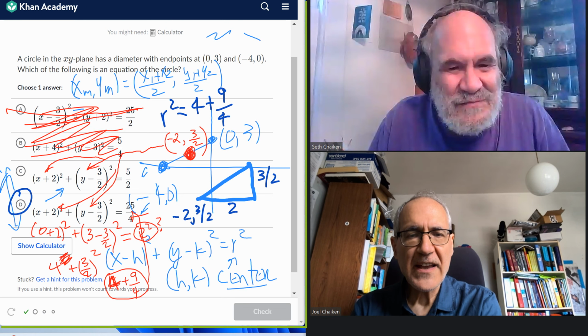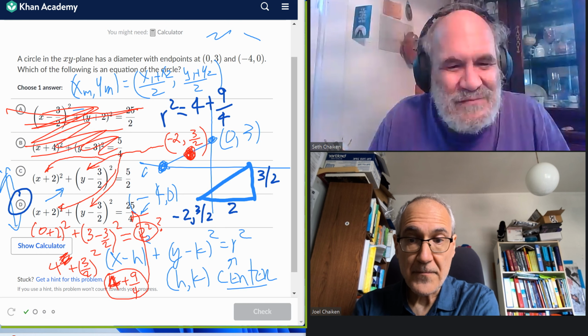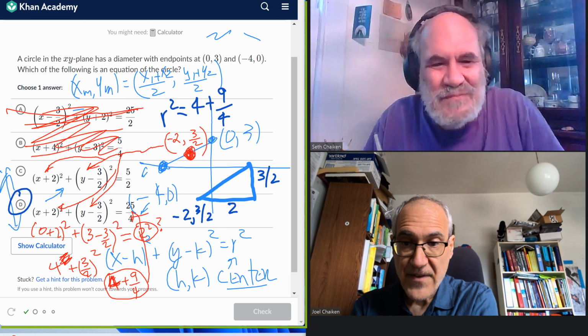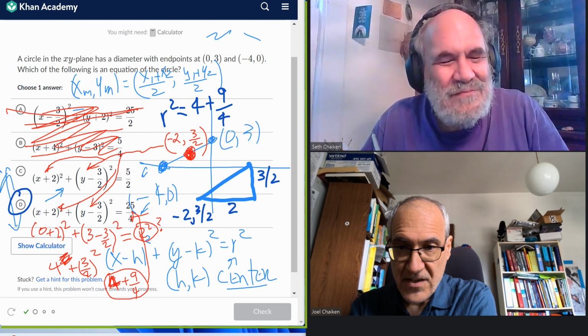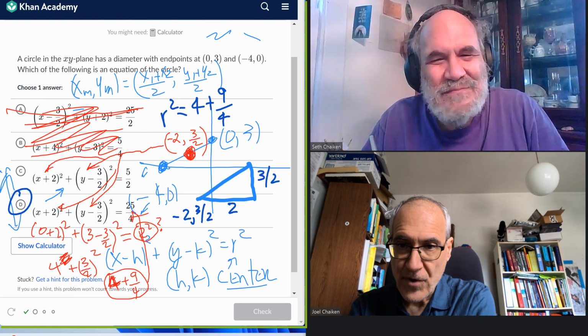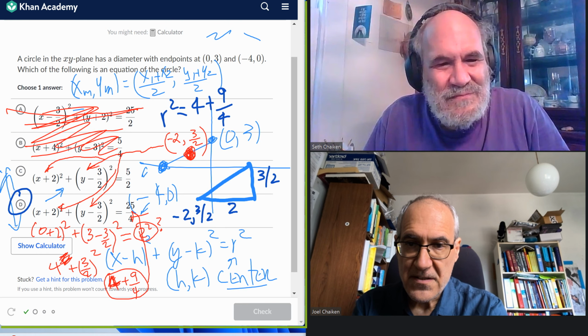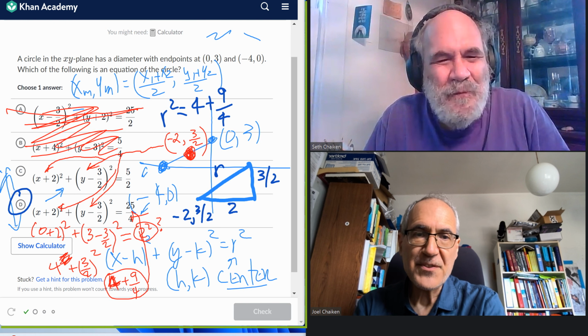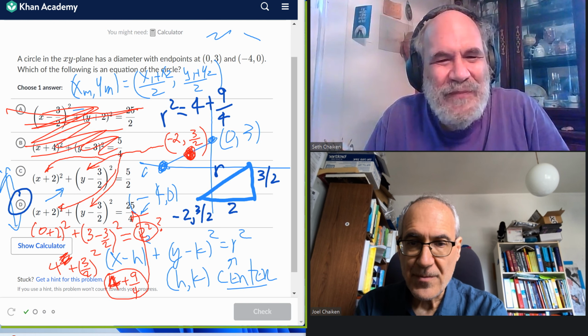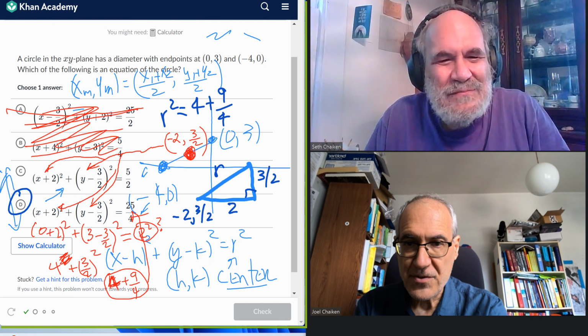Now notice that I did it an entirely different way. Seth did it a very smart way. I did it a more straightforward way. What I did is I tried to calculate the radius, but I realized that this is a right triangle, a Pythagorean triangle. You only care about r squared.